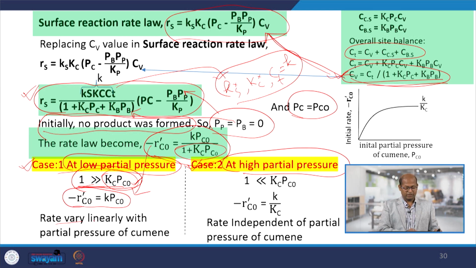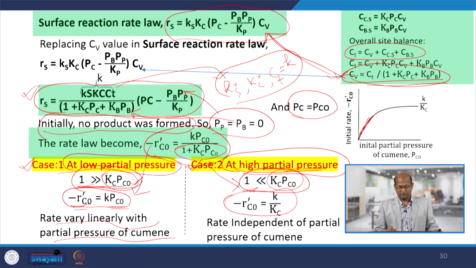The rate varies linearly with the partial pressure of cumene at low pressure. When the pressure is high, this part in the denominator of the equation would be very high compared to the 1, so the rate is independent of the partial pressure of cumene.